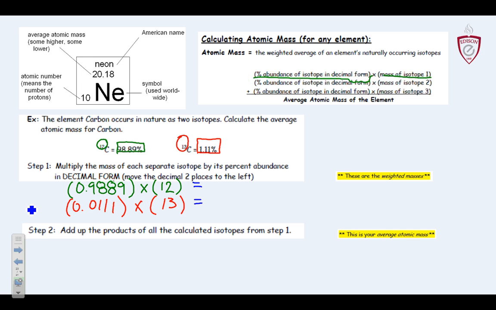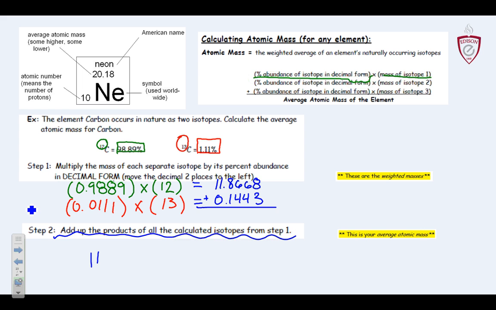The first term is 11.8668. The second term is going to be 0.1443. Now we line up the decimals, of course, and add those two together to get the products from step 1. There's two ways to do it.